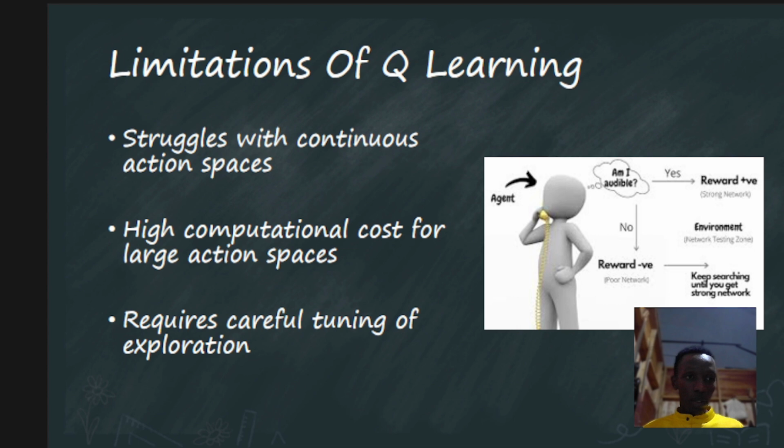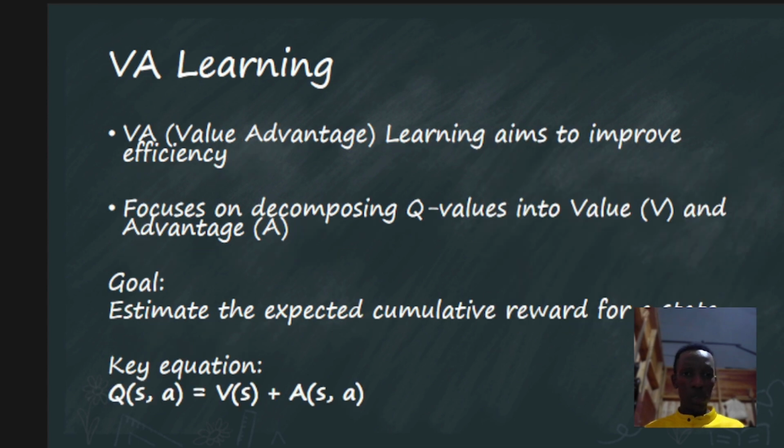And going next to the V-learning. V-learning is basically value advantage learning. This learning is an extension of traditional Q-learning, and its main goal is to improve learning efficiency by splitting the Q value into components.